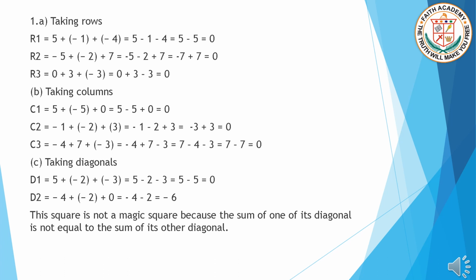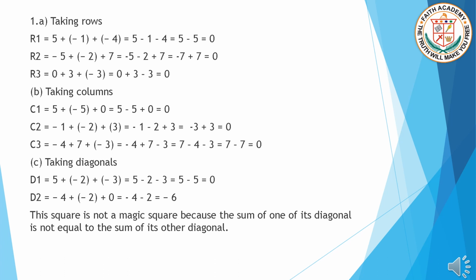When we are talking about the diagonals, again we'll use the same rule. We add up the numbers of a diagonal. So diagonal 1, when we add up all the numbers, we get the answer as 0. And when we are adding the numbers of diagonal 2, the answer is -6, which is not equal to the other rows and columns.